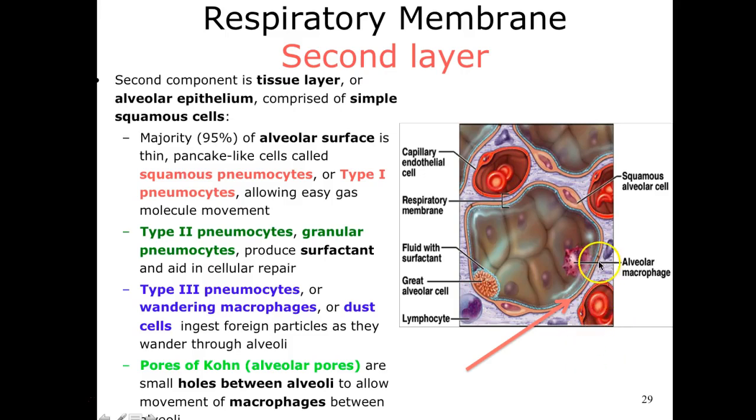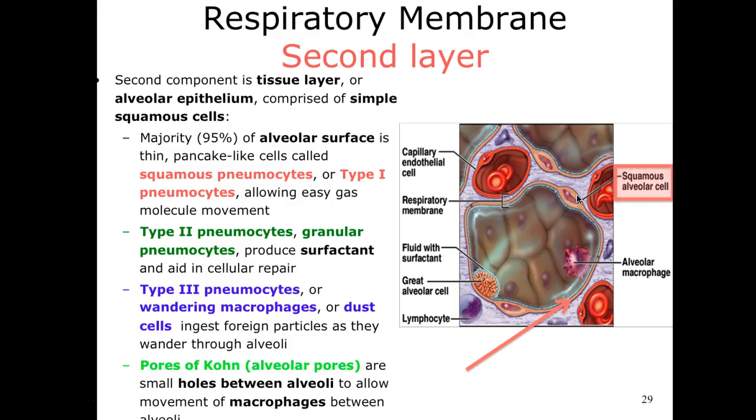So you could see one of these cells here, very flattened out, and then of course we have its nucleus and the other side is flattened out here, and it is meeting at a junction here with another squamous pneumocyte, and these are very thin so that we can move gas easily through this cell.